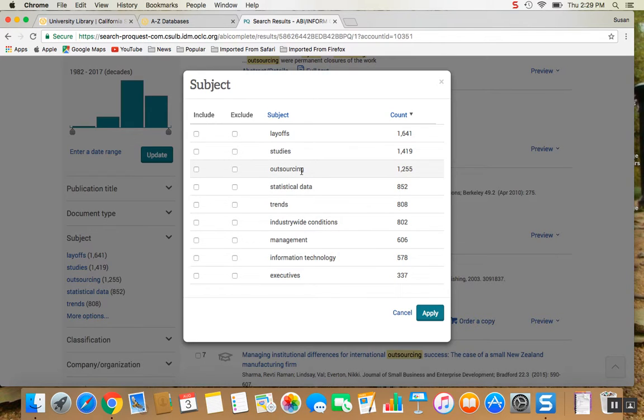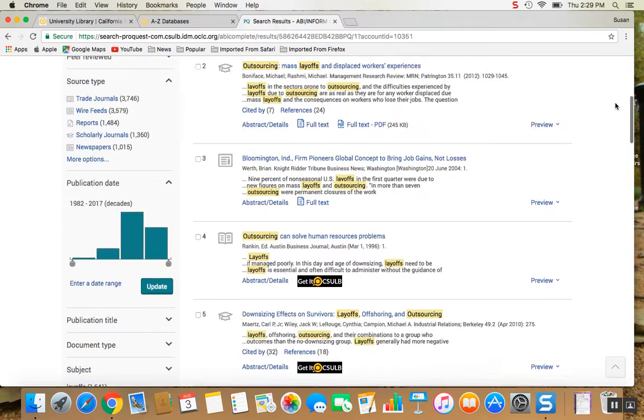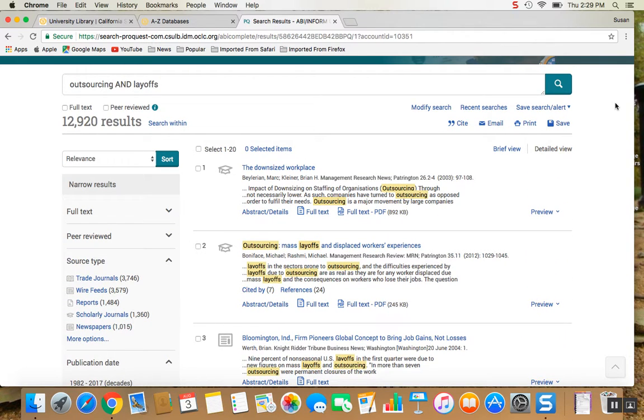Notice that outsourcing is actually a subject where in the other database there was contracting out, there was offshore outsourcing, and layoffs, like in the other database, is a subject term also. So make sure when you're searching either of these databases that you look for those subject terms. Once you do that, you're going to be able to create a very powerful search.